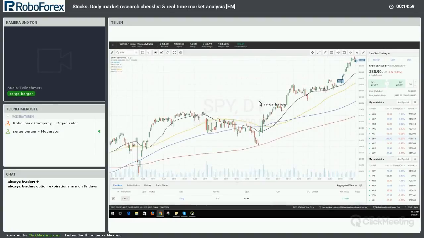Okay, so let's just quickly look at the scoreboard here, or the watch list. And you can see the Russell 2000, that's the IWM small cap index, very important to always watch, is now down 0.17%, so we call that 17 basis points. And the S&P 500 is down 22 basis points.